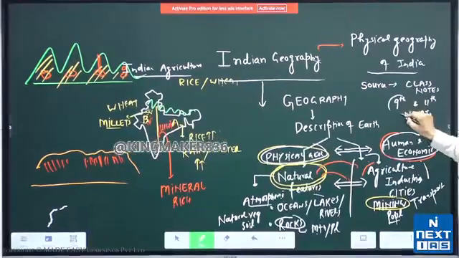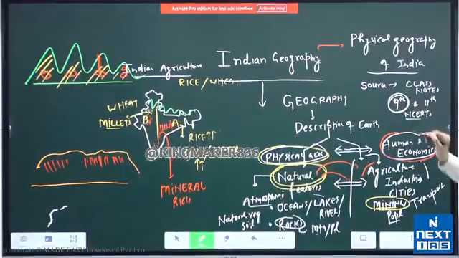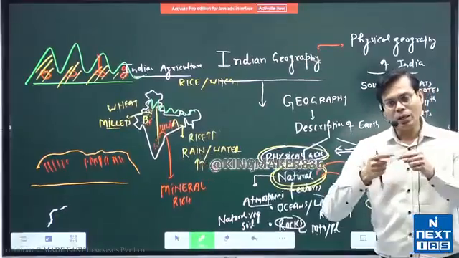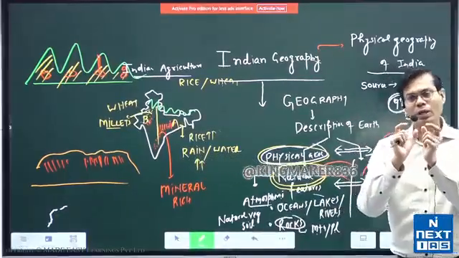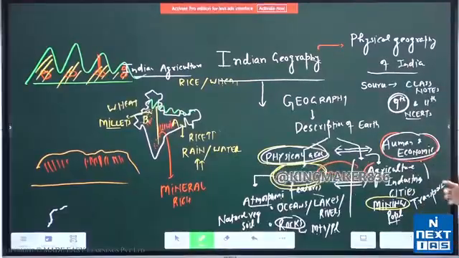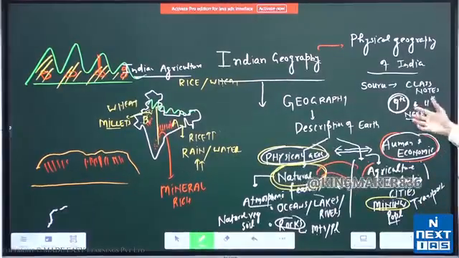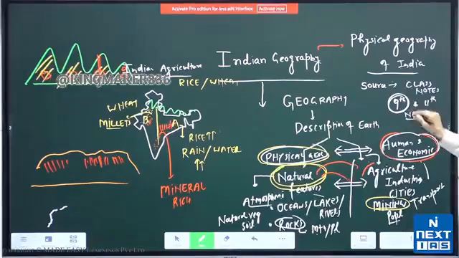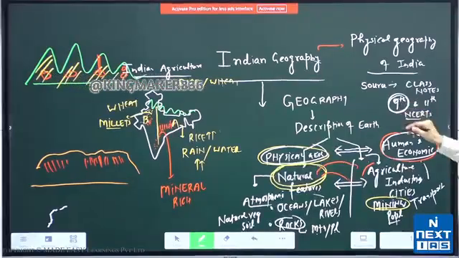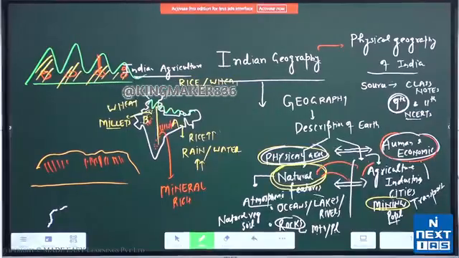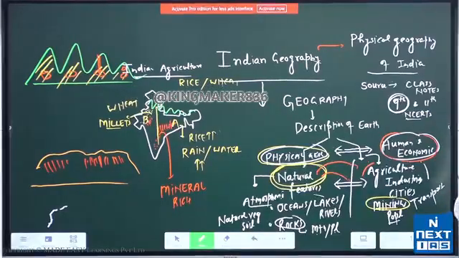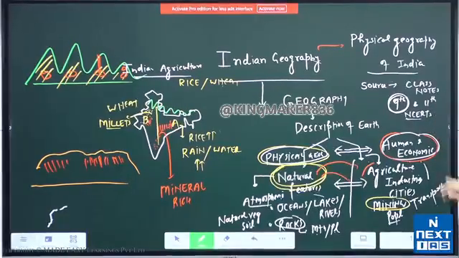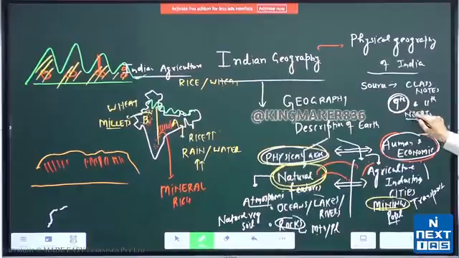But I do suggest the 9th class NCERT, which is a very simple NCERT. So that would be a kind of crux juice. We will elaborate the 9th and 11th NCERT also, and you can also read this NCERT. If you get interested later on, after completing your syllabus of physical geography of India, you can also just take a glance at 11th class. But I do suggest the 9th class NCERT.